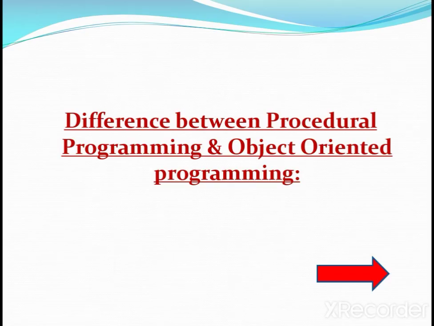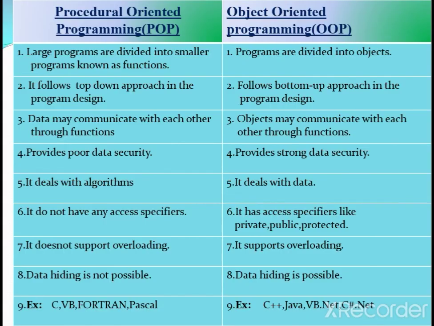Let's see the differences between procedural programming and object-oriented programming. In POP, large programs are divided into smaller programs known as functions. In OOP, see the difference, programs are divided into objects.